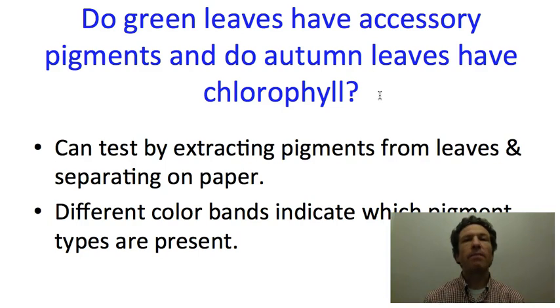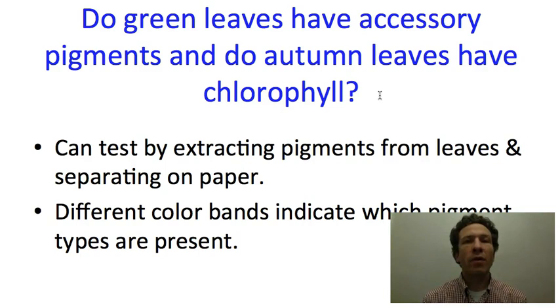The way that we can do this is by extracting pigments from the leaves and then applying them to a special sheet of paper and letting the pigments separate. And when the pigments separate, then we'll be able to see the different colors associated with each pigment.